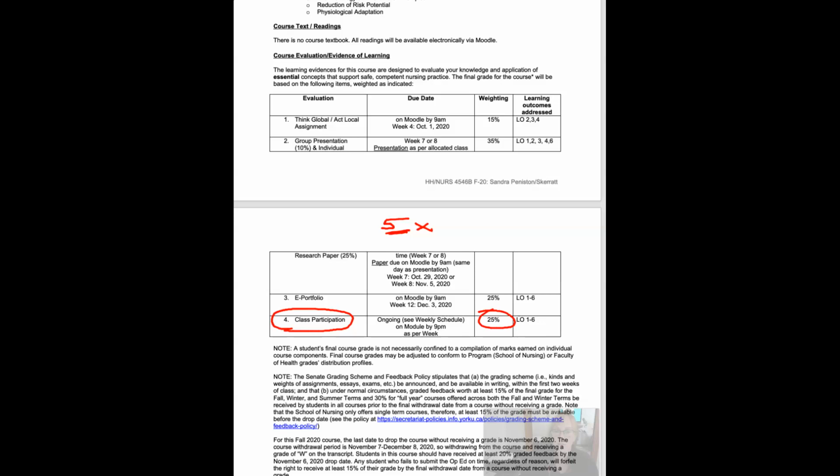Each one is worth 5%, and that's where I got my 25%. When we look at the group schedule, you will see these assignments as we go through. They're going to be asking you to write a 1-page paper, to maybe do a lit review, to do an online discussion posting, things like that.